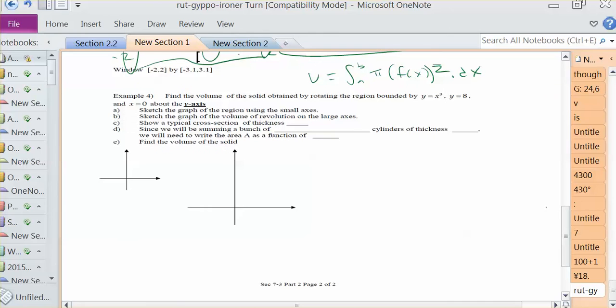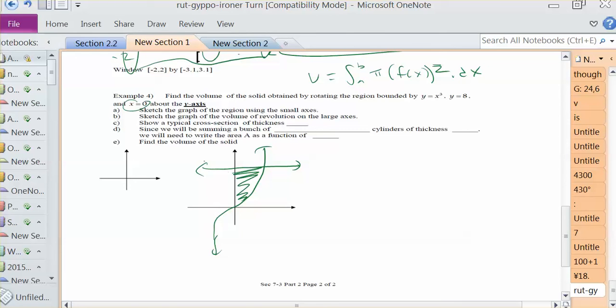And last one, y equals x cubed, which looks like this, and y equals 8, a horizontal line, bounded by the y-axis. That's x equals 0, and we're going to rotate about the y-axis.